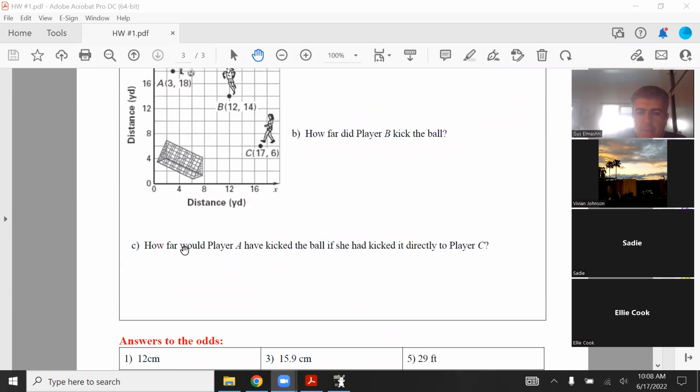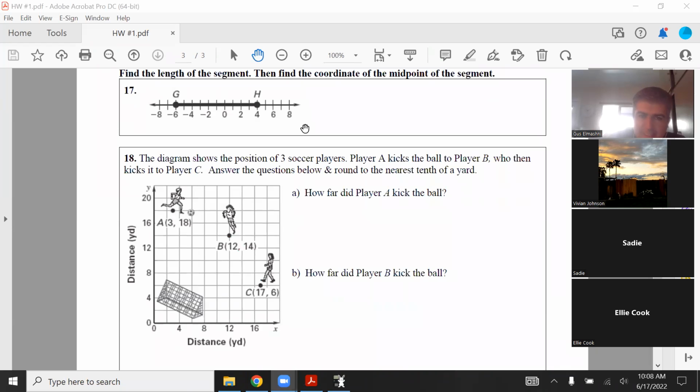Oh, C. How far would we have to kick to get to C? You get the idea now. So you have to draw another triangle and rinse and repeat, right? 17 minus 3 is 14. 18 minus 6 is 12. Remember that's 18 minus 6 here, and that's 17 minus 3 here. And just 12 squared plus 14 squared, right?